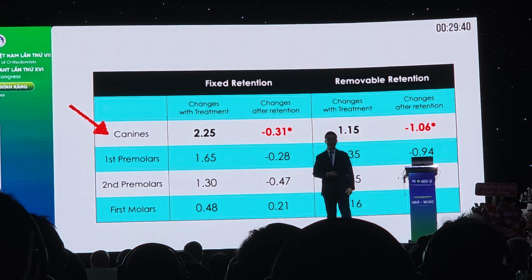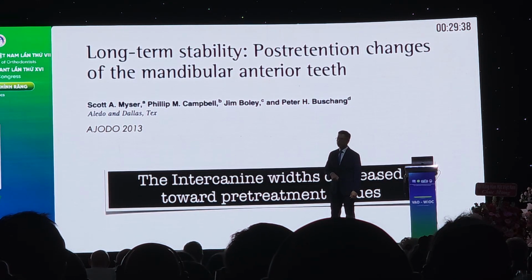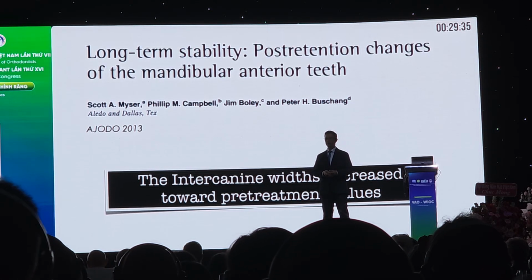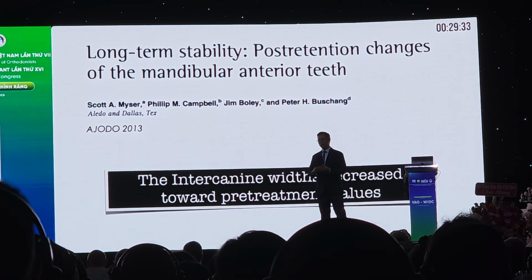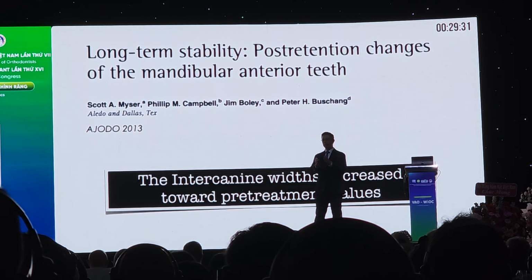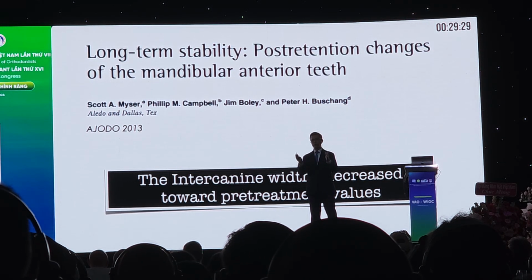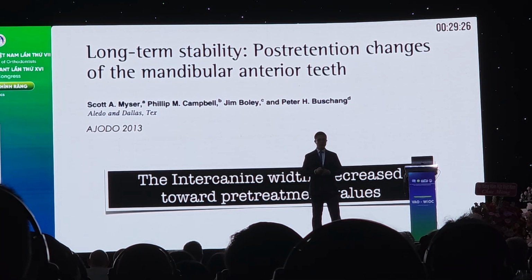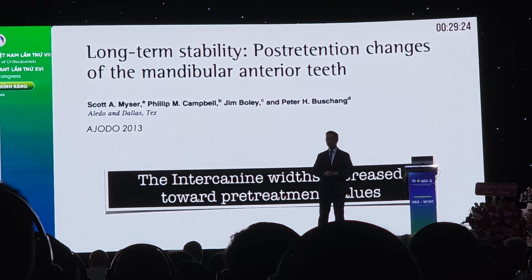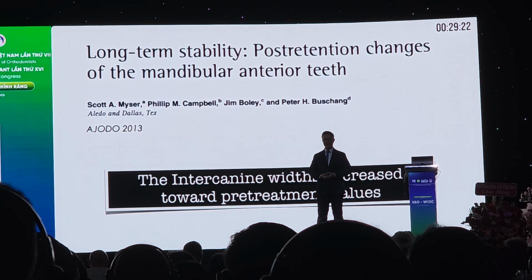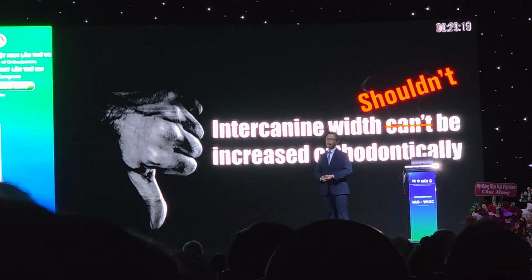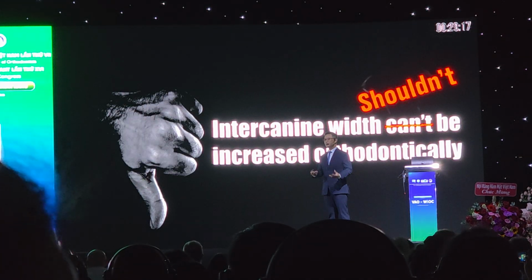So this is proven in many studies. Many studies said intercanine width decreases toward the pre-treatment value. So even though you do the surgically assisted RPE for the expansion of the upper jaw, if you try to expand the lower jaw with orthodontics only, most likely it's all going to collapse back. So the intercanine width should not be increased orthodontically. This is the bottom line.